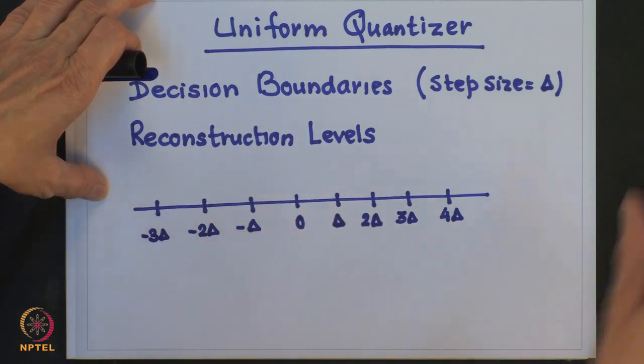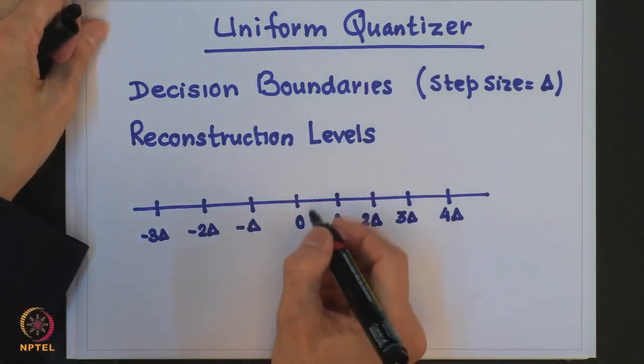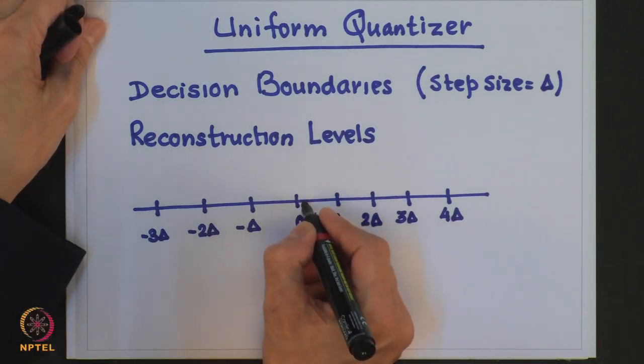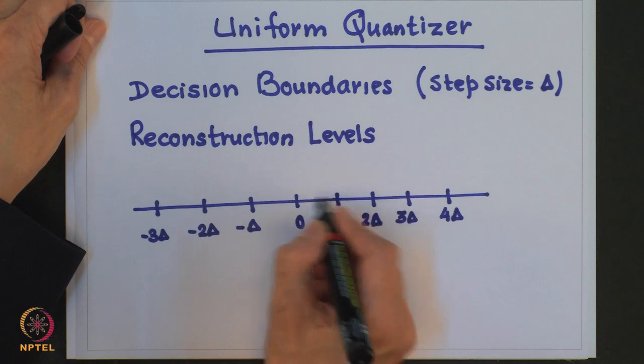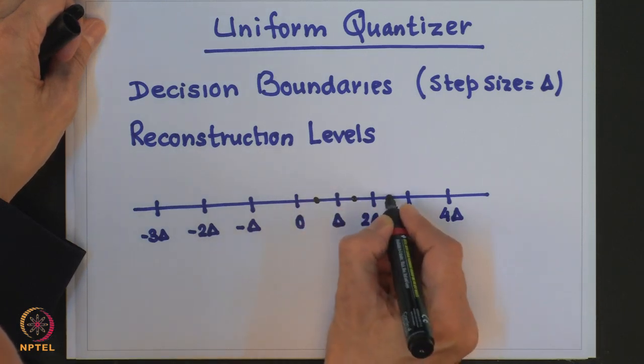And the next is basically we said that our reconstruction levels are equally spaced and centered between the decision boundaries. So, these are the centers.